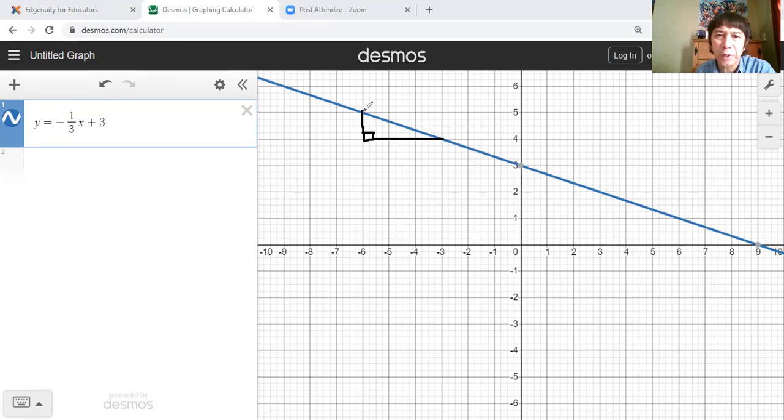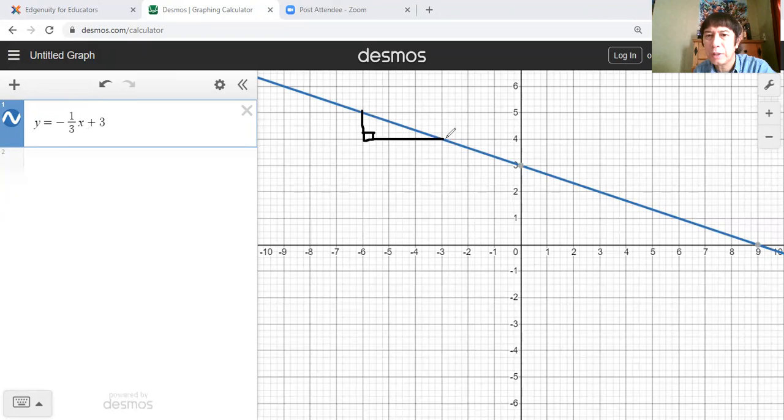So your negative 1/3 is here. Remember, the number on top of your fraction will be for the vertical part of your right triangle. And the number in the denominator will correspond to the horizontal side of your right triangle. Okay, so the 1/3 is here, 1/3 there.